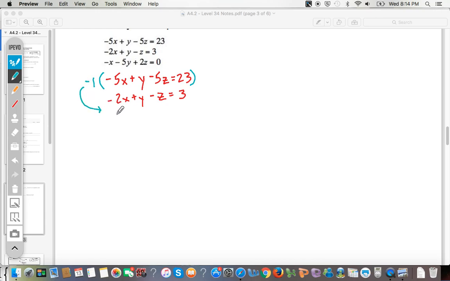So we'll bring it down here. We have negative 1 times negative 5x, which is a positive 5x. Negative 1 times y, which is a negative y. Negative 1 times negative 5z is a positive 5z. And negative 1 times 23 is negative 23.